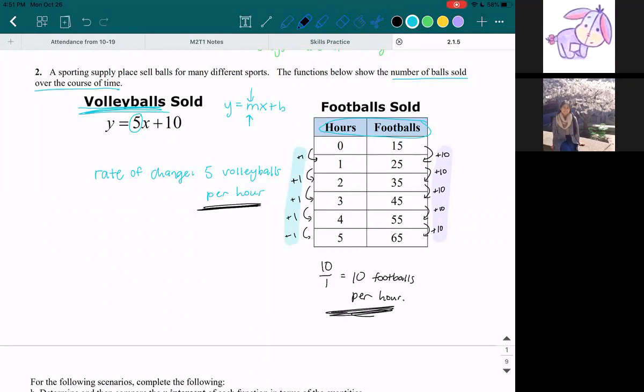So you can make the statement that we are selling more footballs per hour than volleyballs per hour. Because the rate of change for footballs is 10, which is more than the rate of change for volleyballs, which is 5. So this is how you would compare the rates of change given a situation.